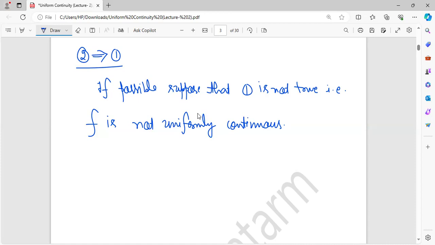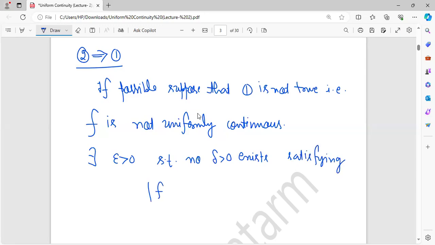So mathematically, what does it mean? It means there exists some epsilon greater than 0 such that no delta greater than 0 exists satisfying |f(x) minus f(y)| less than epsilon for all x, y belonging to I such that |x minus y| less than delta.